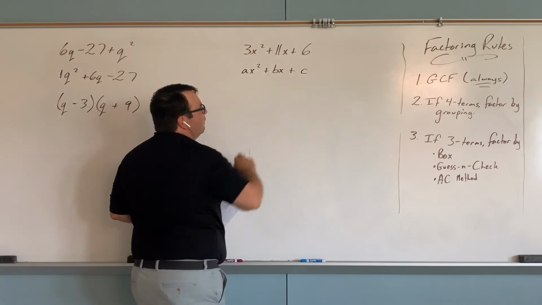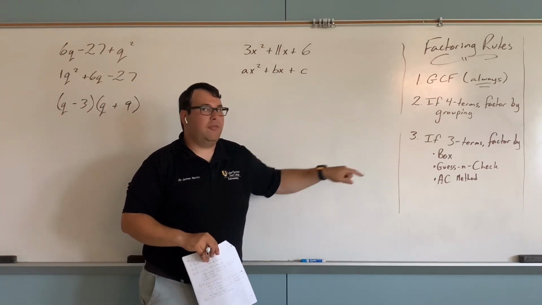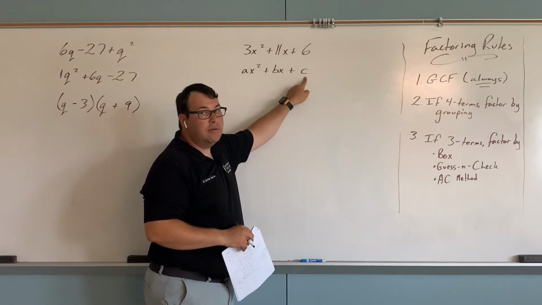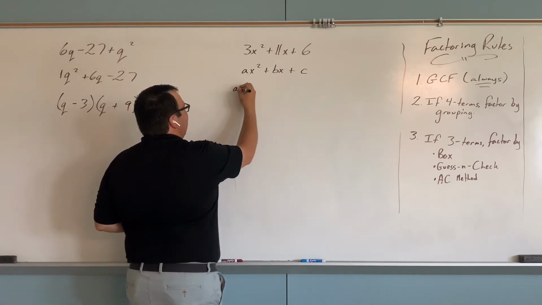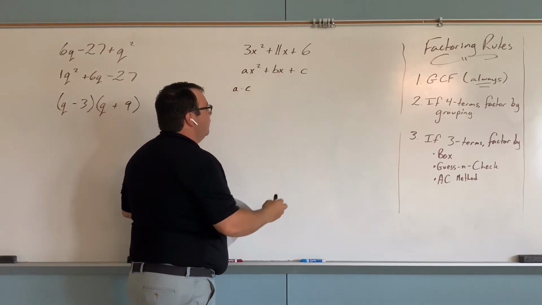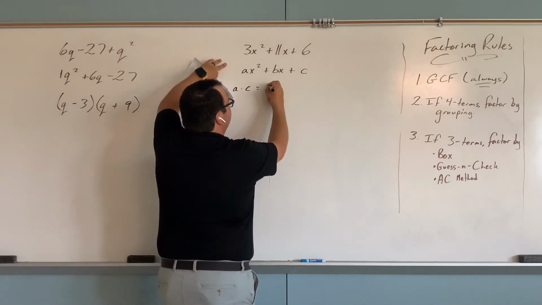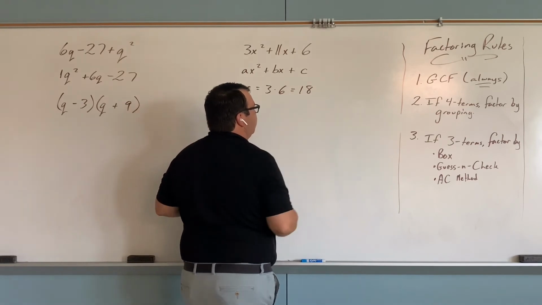We are in descending order. The AC method comes from multiplying a and c from here. So the AC method is quite literally a times c to get some value. So in this case, a is 3 times 6 is 18.